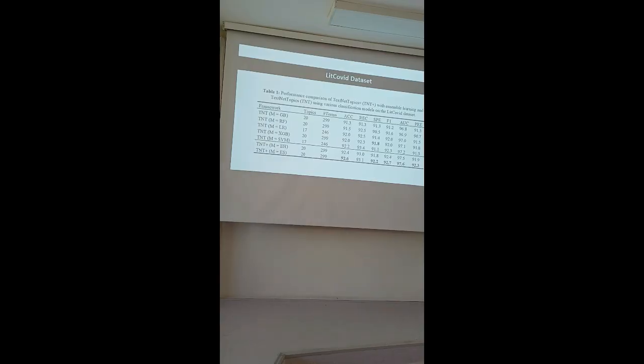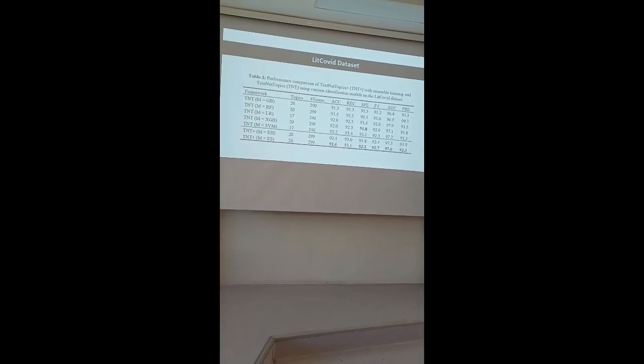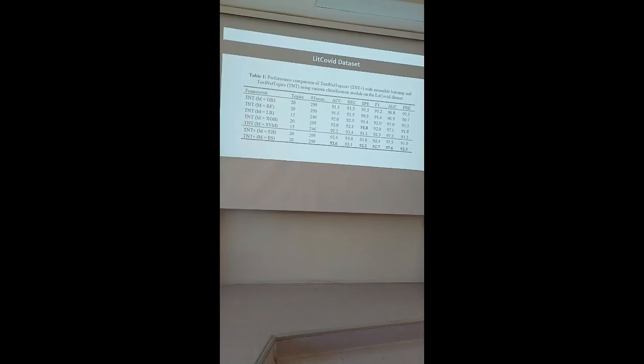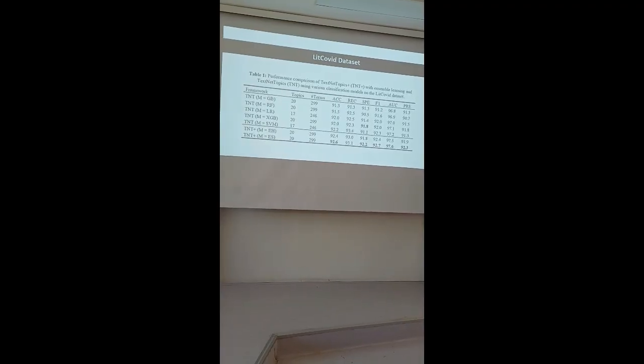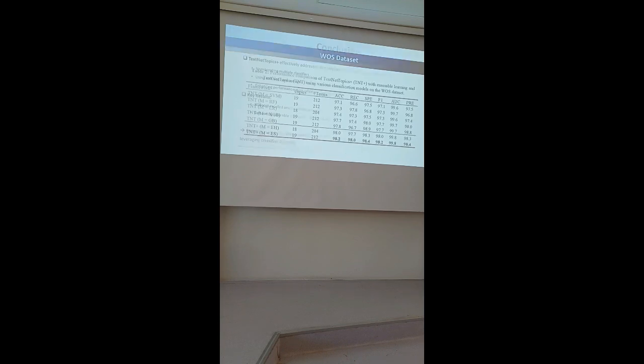These tables summarize the best performing models, the previous model and the enhanced approach. We can see our approach with the soft voting performed the best. Again, regarding the Web of Science data set, we can observe a similar trend.